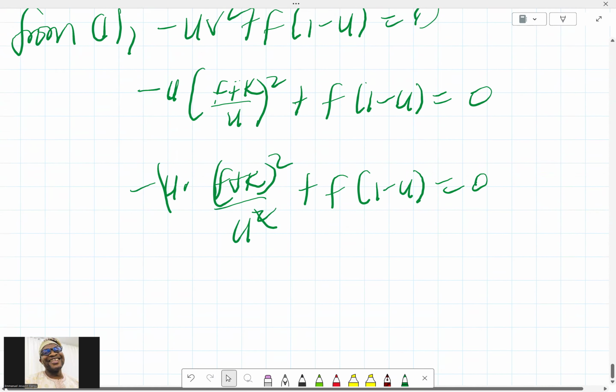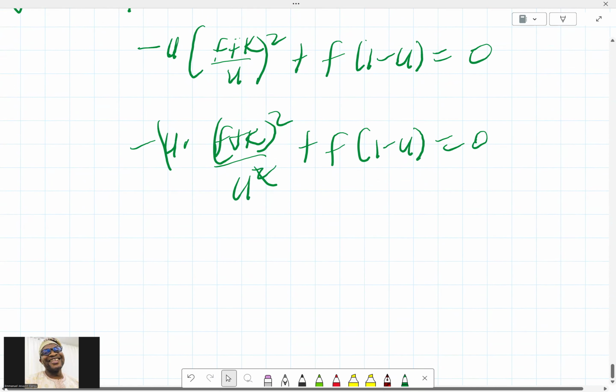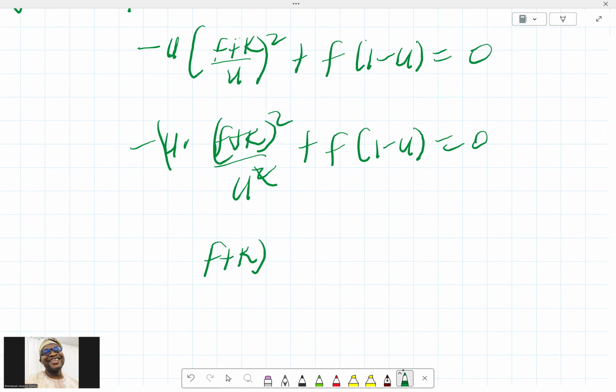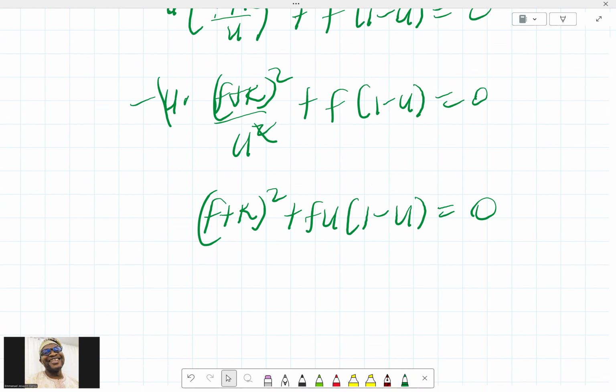Okay. So we now have, yeah, we can multiply through by u, right? So we multiply through by u. So we have minus f plus k squared plus fu into 1 minus u equals 0.